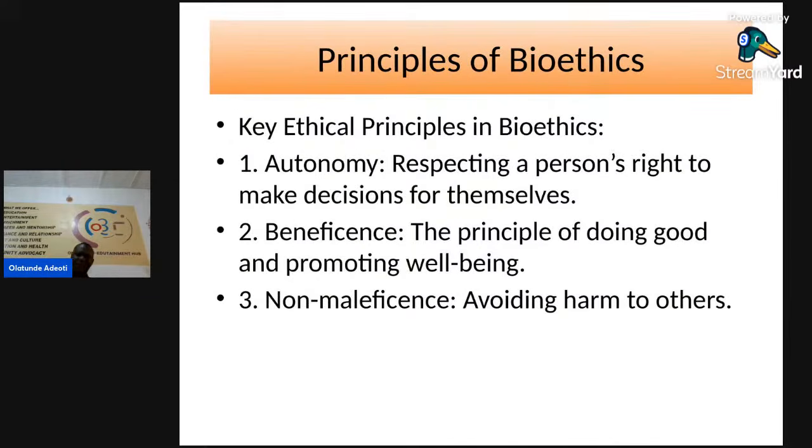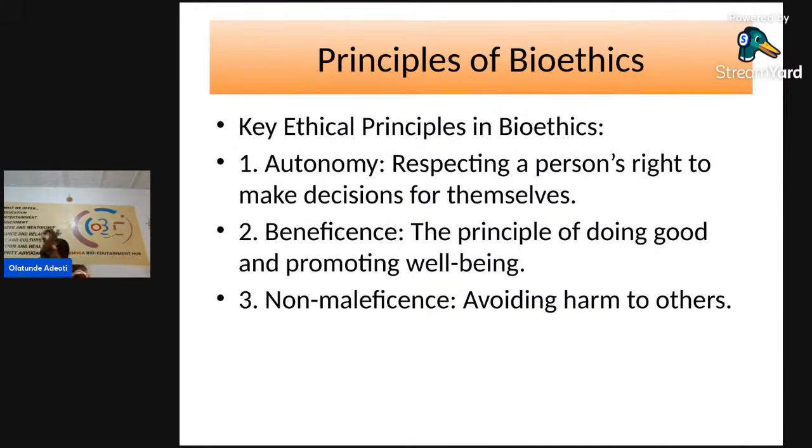So, principles of bioethics this time around. Now, what we are concerned with is biology. So, key ethical principles in bioethics. That is what you must learn in this course. Number one, you must learn autonomy.